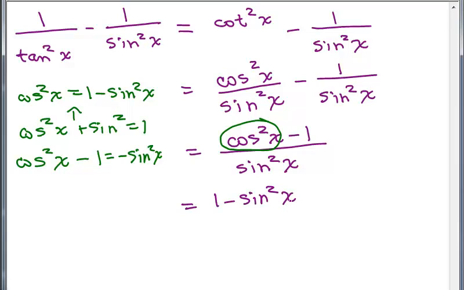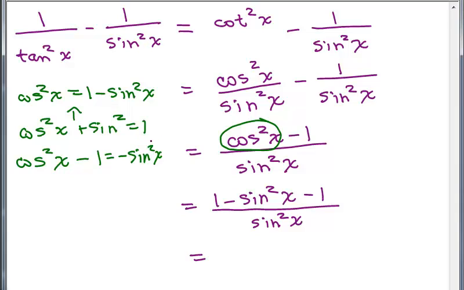Now you want to get really familiar with these. Cosine squared x can be written as 1 minus sine squared x. Sine squared x can be written as 1 minus cosine squared x. So I've replaced it, but I also have this minus 1 over sine squared x. But notice what happens. 1 minus 1 is going to go away, and you have negative sine squared x.